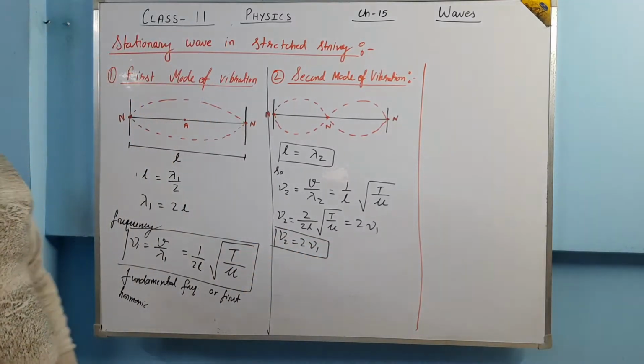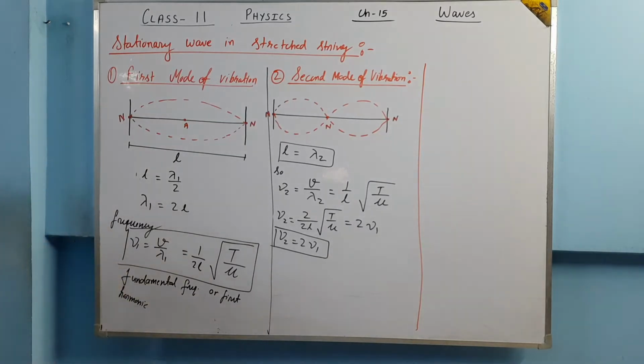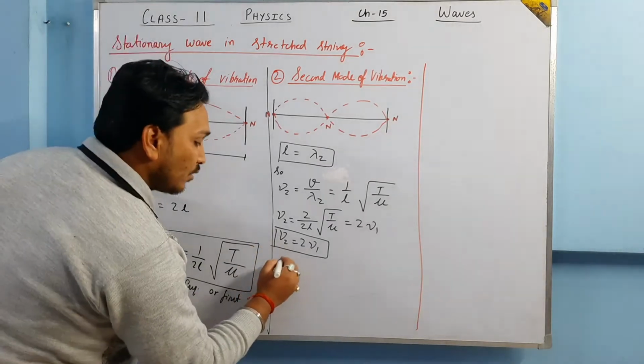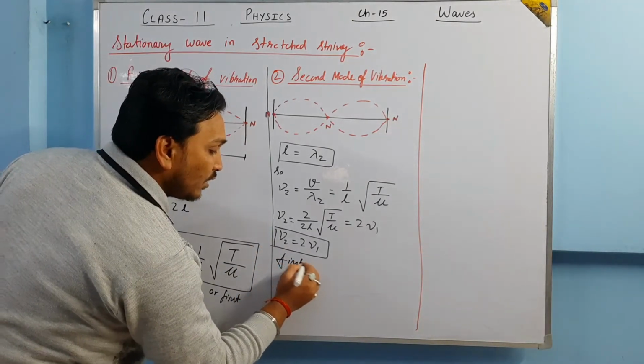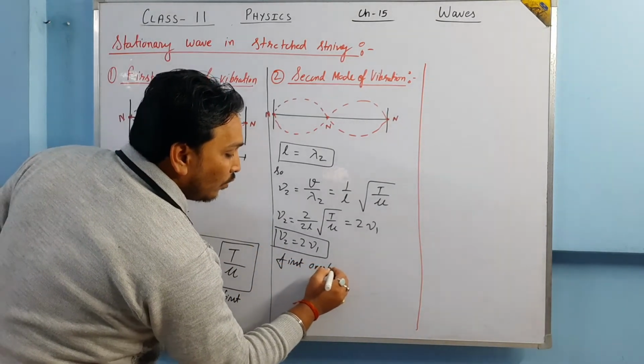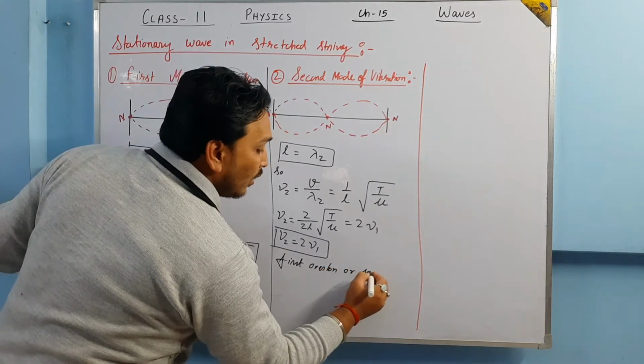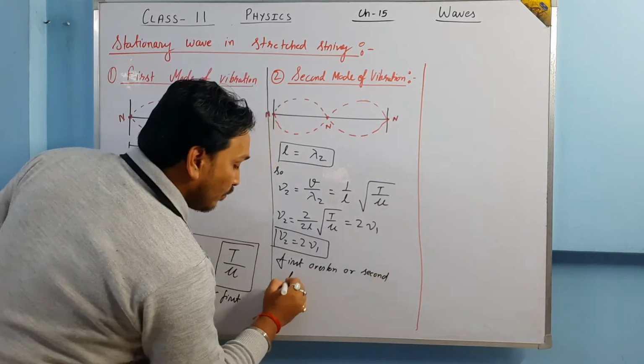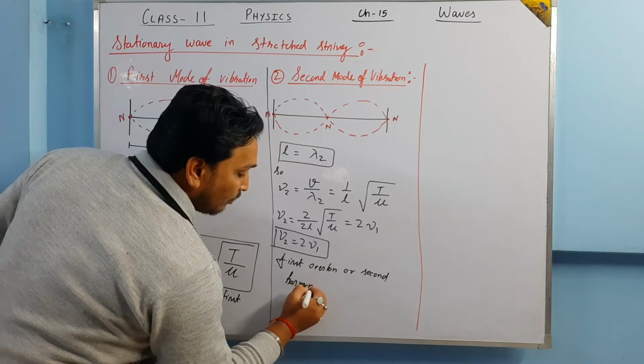Is it clear? So in the second mode of vibration, the frequency which we have got is actually 2 times the frequency of the first mode of vibration. This is called first overtone, or it is called second harmonics.